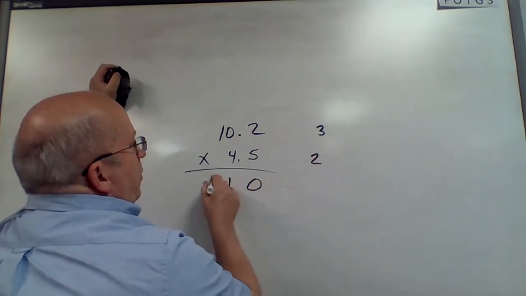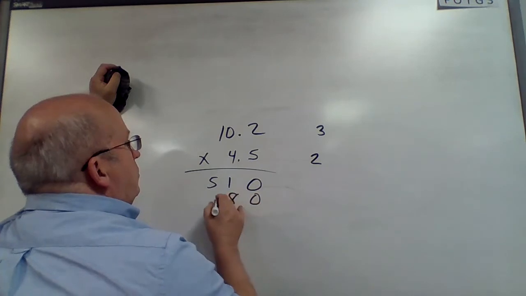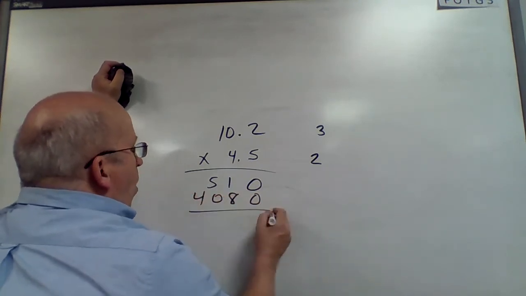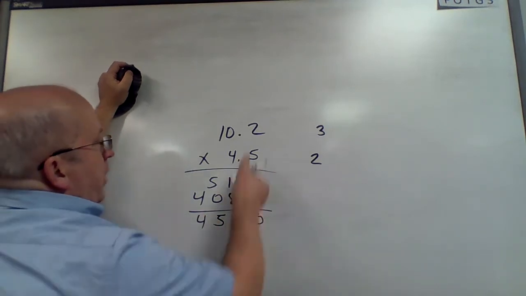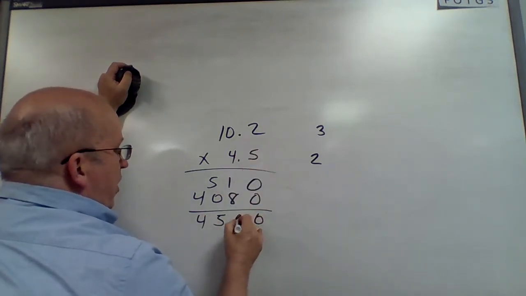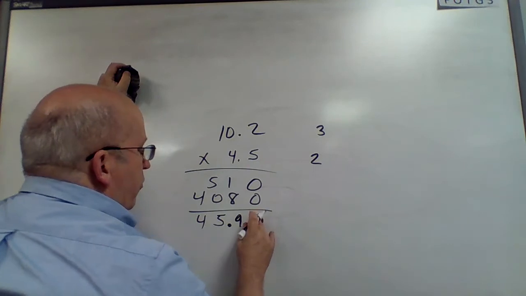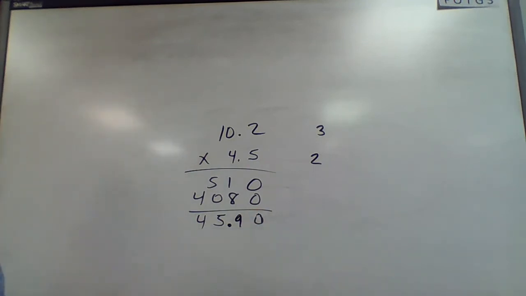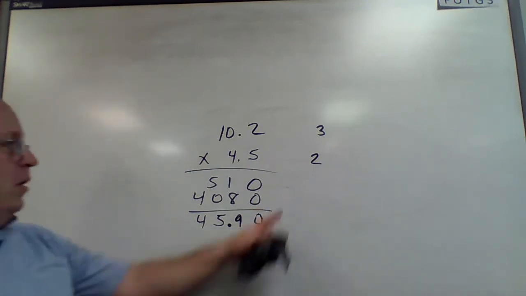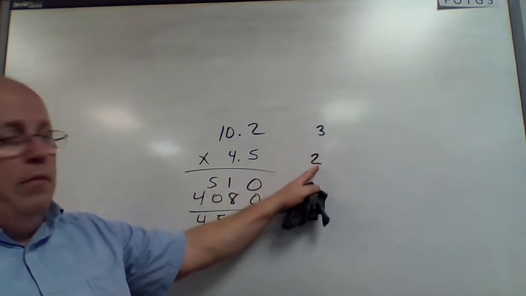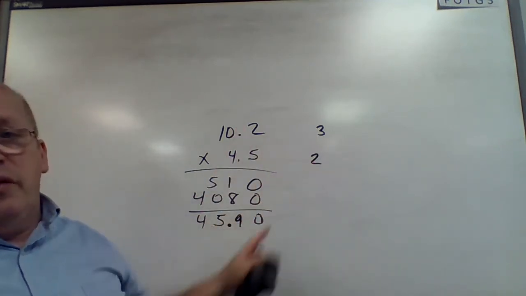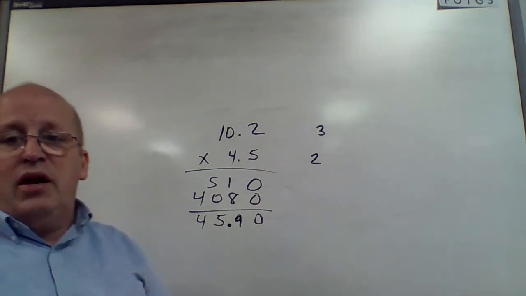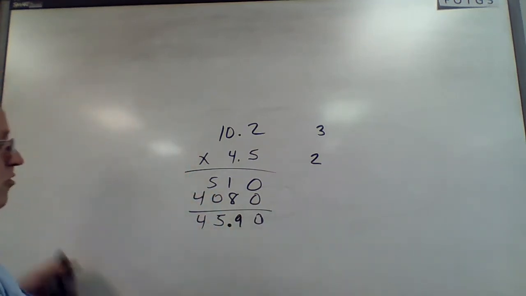So I'm going to solve the problem first. Excuse me. And I get 45.90. 45.90. But looking at the amount of significant digits of each of these numbers, this tells me that I need to change my answer so that it only has 2 significant digits.